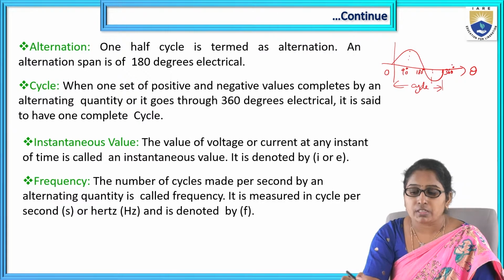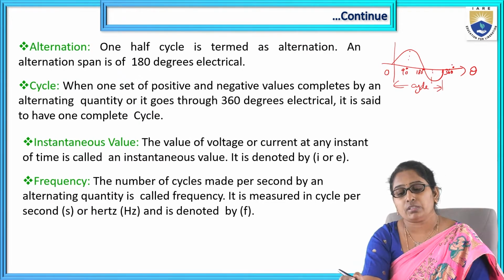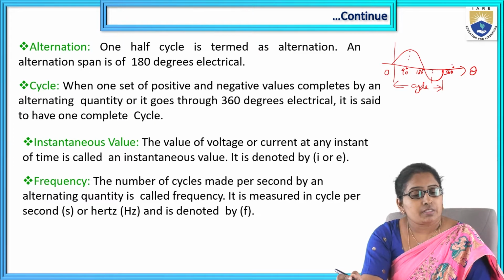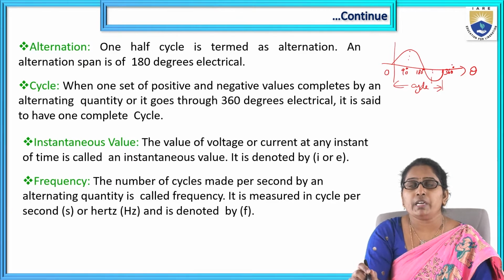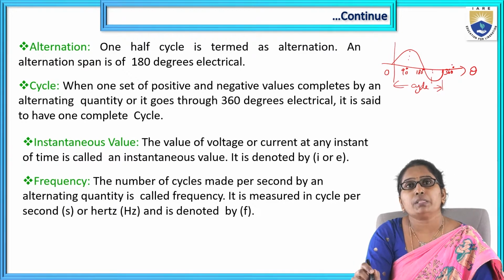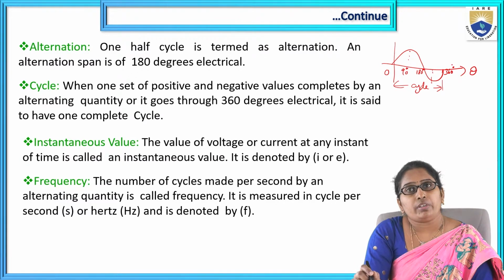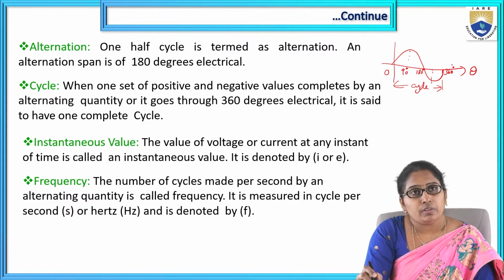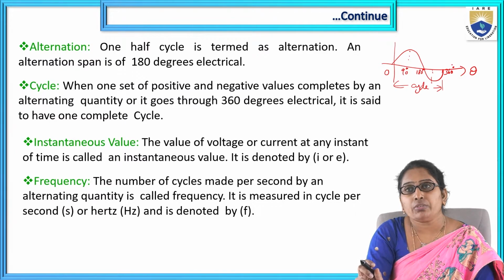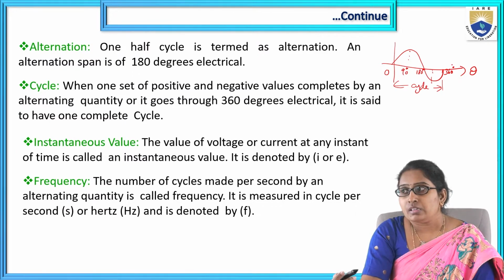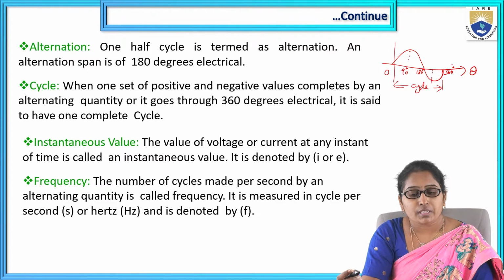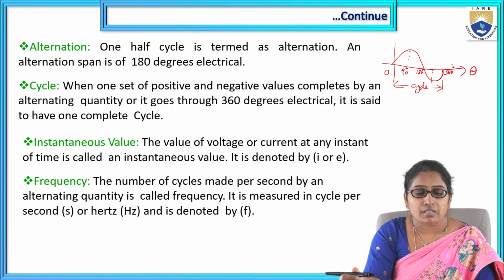One cycle means 360 degrees, half cycle means 180 degrees. Next, cycle: when one set of positive and negative values is completed by the alternating quantity. Remember, the cycle definition is one set of positive and negative values attained by the AC signal. It is said to be 360 electrical degrees in terms of angle.